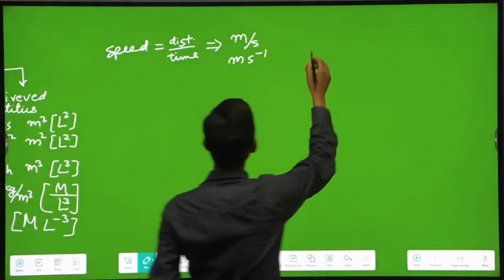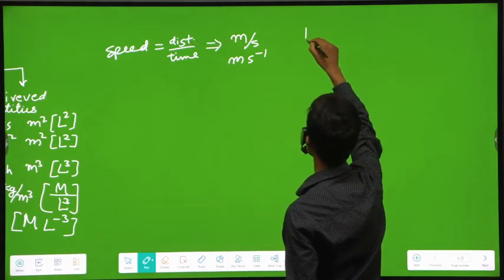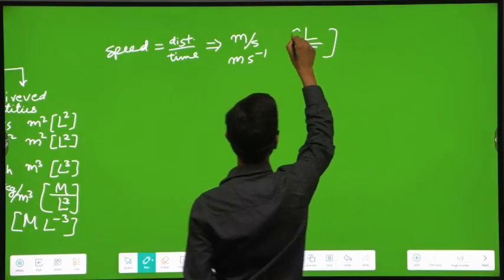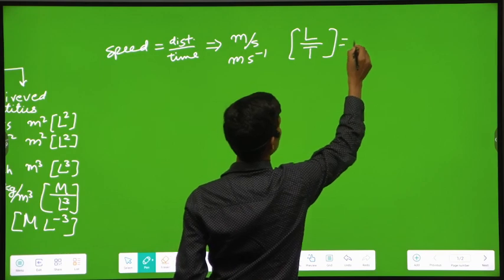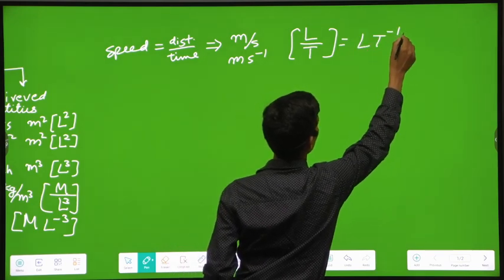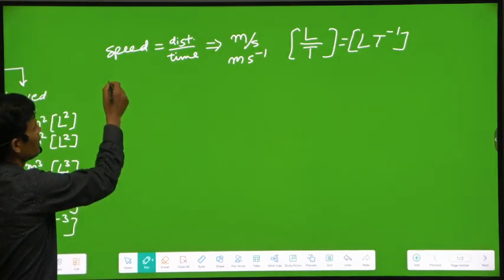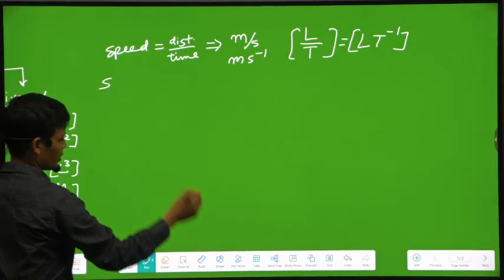And its dimension of distance is L, dimension of time is T. So finally it is LT minus 1. Now same thing is for velocity.